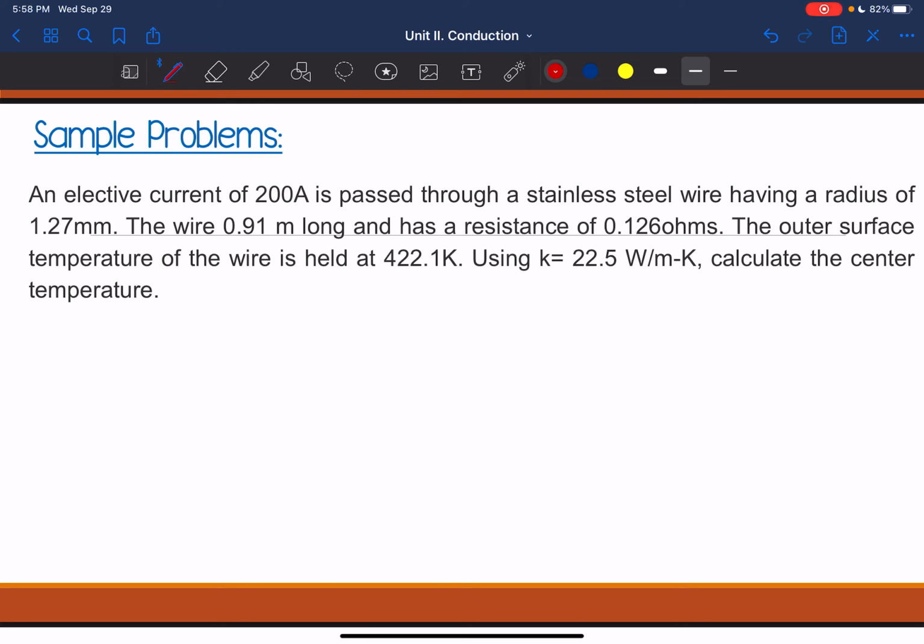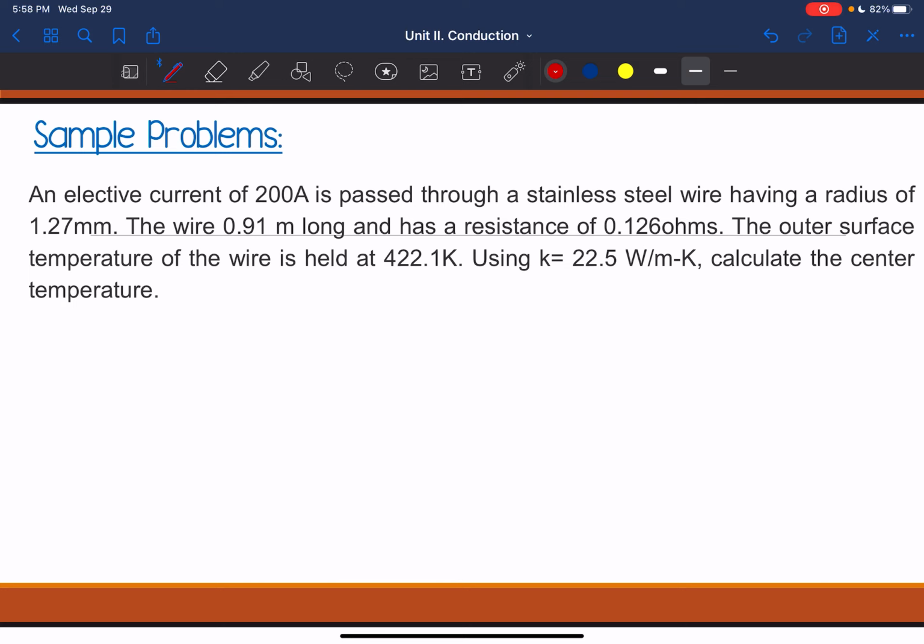The outer surface temperature of the wire is held at 422.1 Kelvin. Now use a value of K equivalent to 22.5 watt per meter Kelvin. Let's calculate the center temperature. Okay? So I think you have an EE subject, so you're somewhat familiar. And also for physics. Go back to your physics.